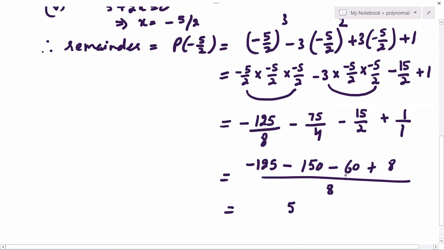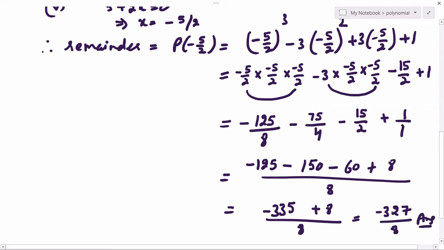When you add them, this is 5, 6 plus 5, 11, 11 or 2, 13, 1 would be carry here, 335, plus 8 upon 8. And this is your negative. 335, you can subtract 8 and you will get 320, this is 7. And this is minus and this is upon 8. Now this numerator and denominator you cannot cancel because this is an odd number and this is an even number. So this will be your answer.